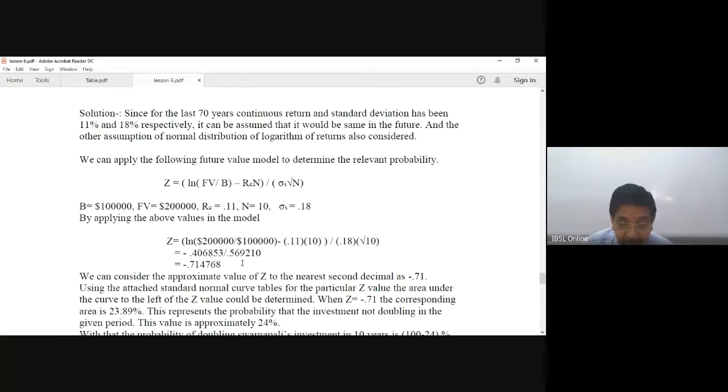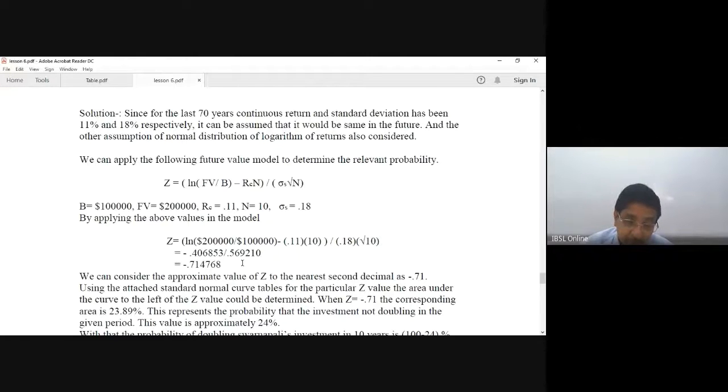So that is the necessity we have now, and we need to get the help of the normal curve table to do the calculations. Normal curve tables.